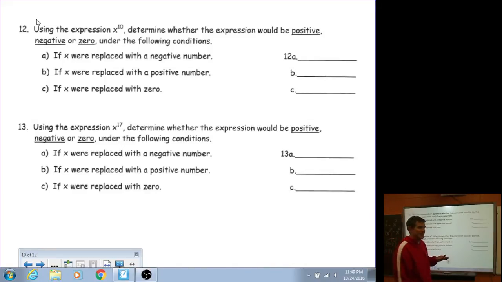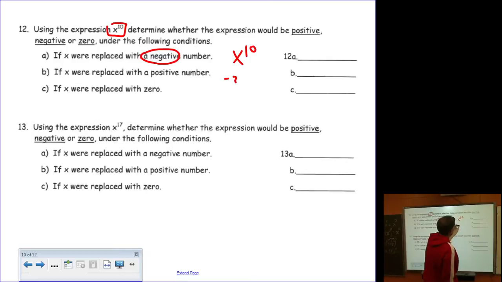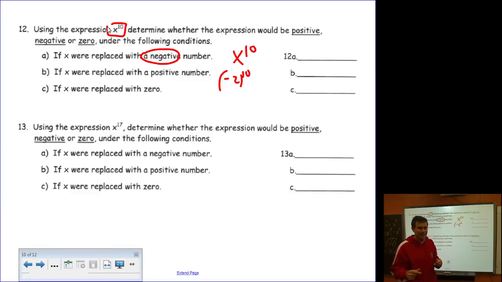Here we go. All right, I want to look at the expression x to the 10th. When x to the 10th is replaced with a negative number, like negative 2 to the 10th, we have learned that a negative number multiplied an even amount of times is positive. Every time you have two negative 2's, you have a positive, right?